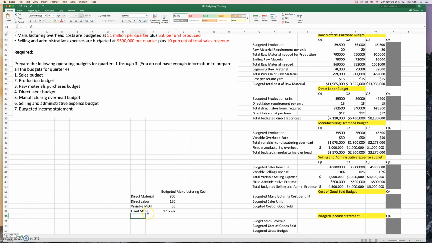So now we can compute the total manufacturing cost per unit. We add them together.